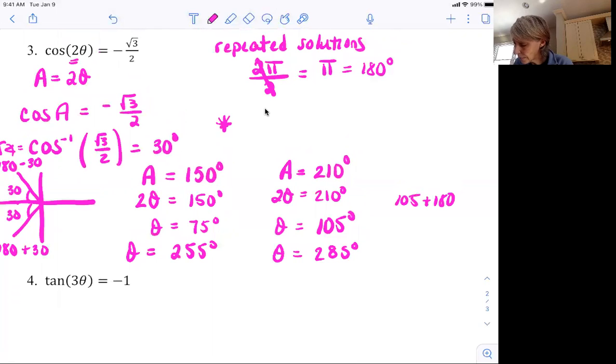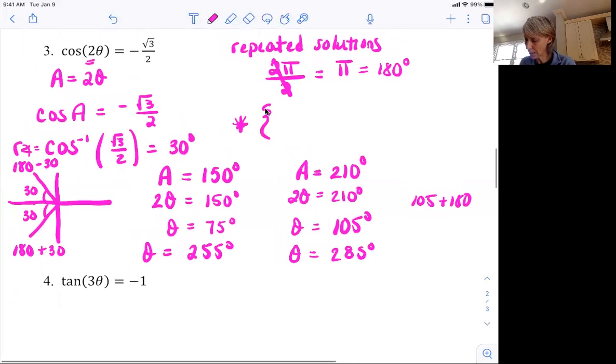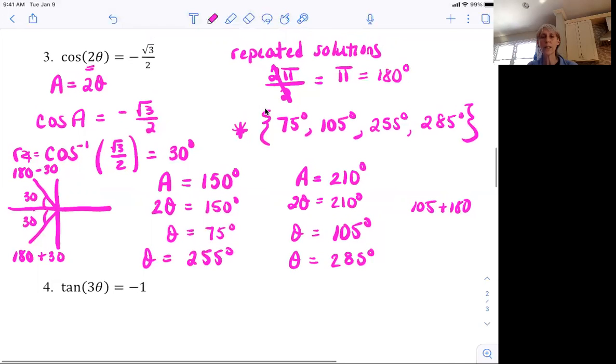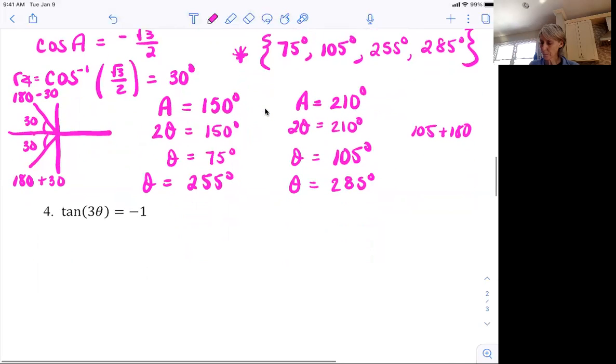I'm going to write my answers up here. My solutions become 75, 105, 255, and 285. So this is just another way to approach a trig equation.